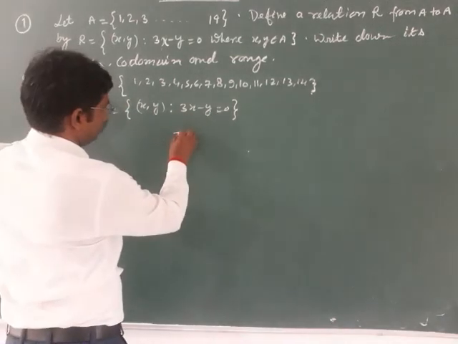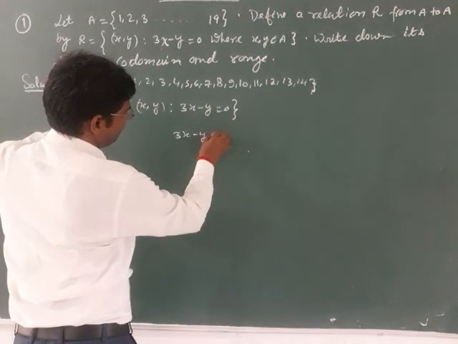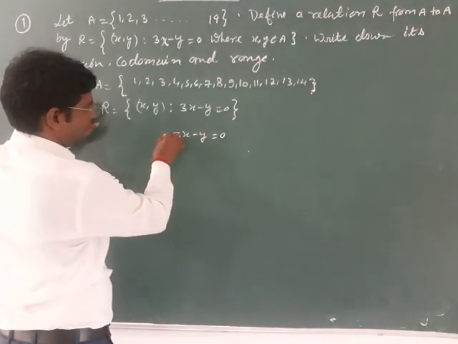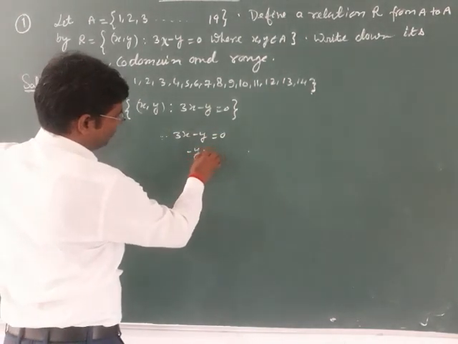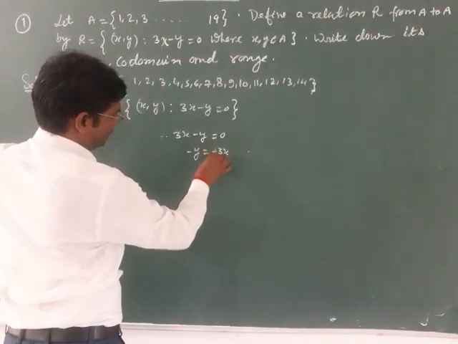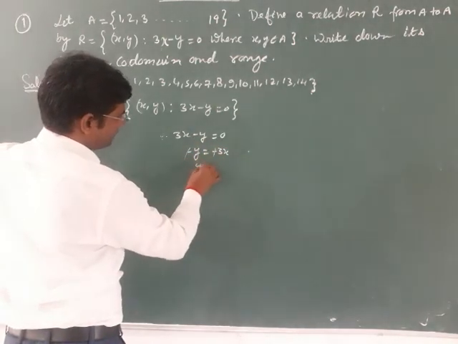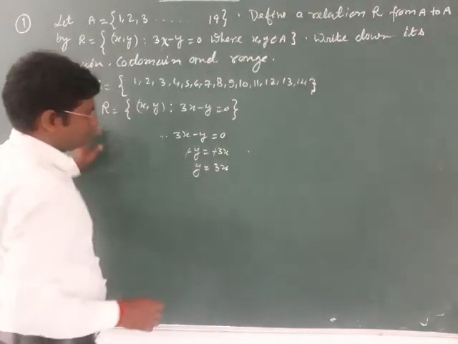So given 3x minus y is equal to 0, minus y is equal to minus 3x. Minus minus cancel out, y is equal to 3x.